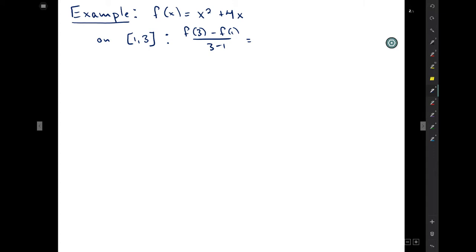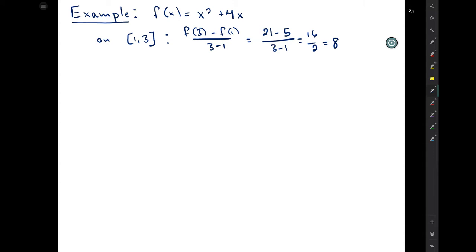When I plug 3 into f of x, I get 21. When I plug 1 in, I get 5. And so I end up with 16 divided by 2, which is 8. So I know the average rate of change of this function on this interval is 8.